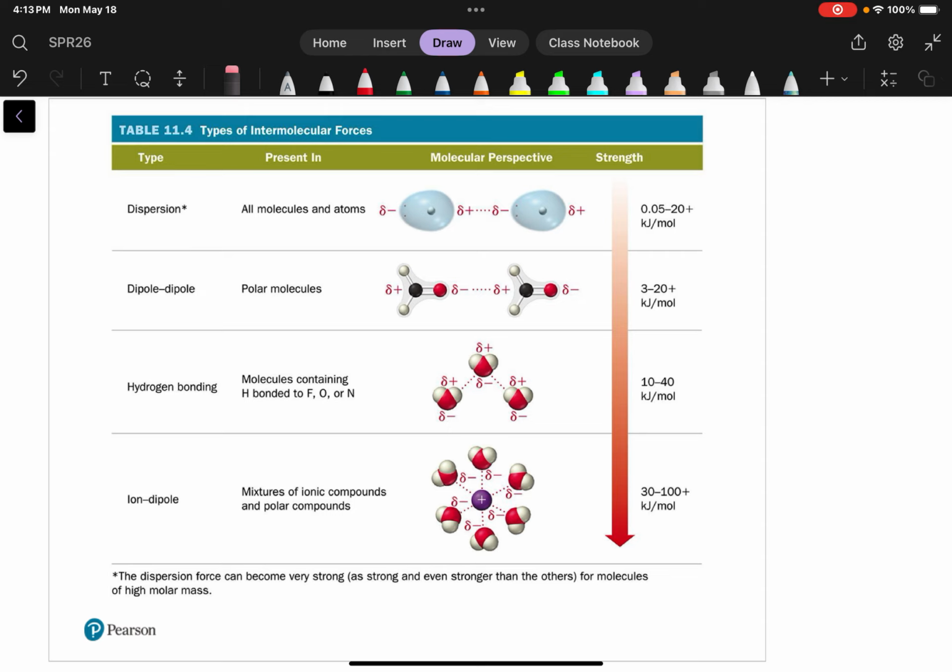So those are the different types of interactions, but remember we also said that the more interactions you have, the stronger those intermolecular forces are, and that has to do with a lot of behavior that we observe for different substances.